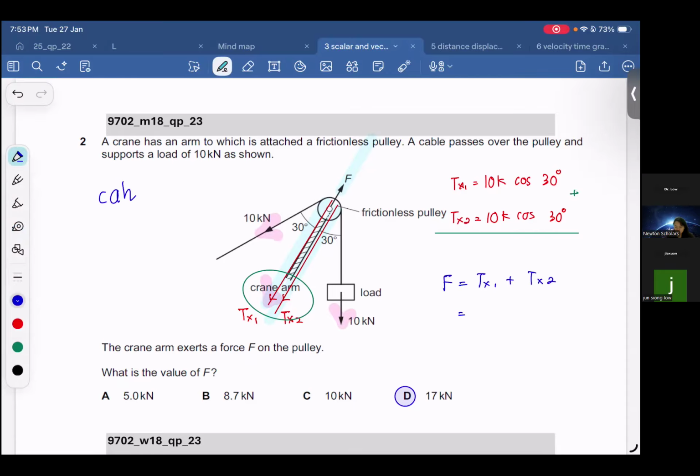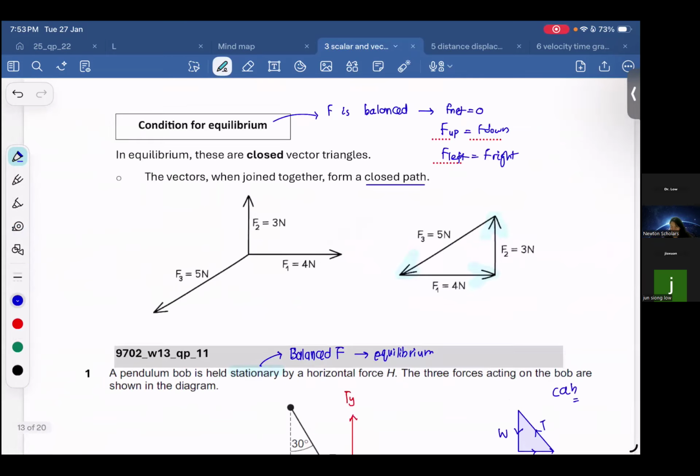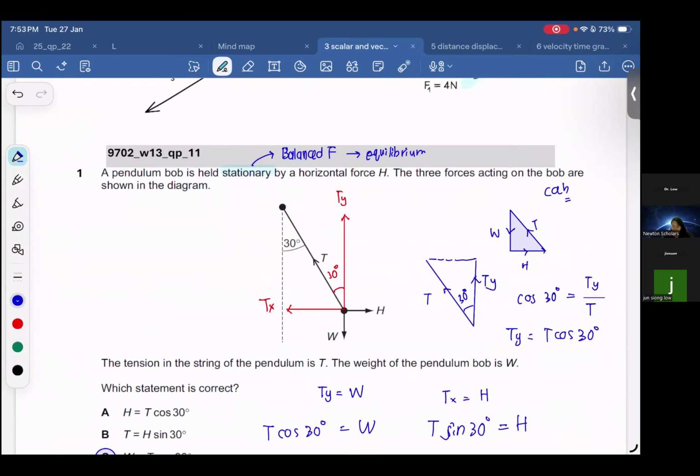Okay, so like just now here, dear. This T here is actually your hypotenuse H. Ty is your adjacent here. So cos is adjacent divided by your hypotenuse. So the result that you resolve should be the tension cos the angle.